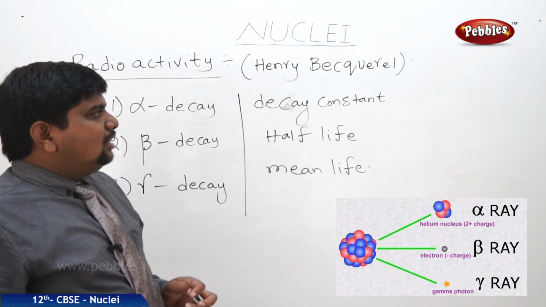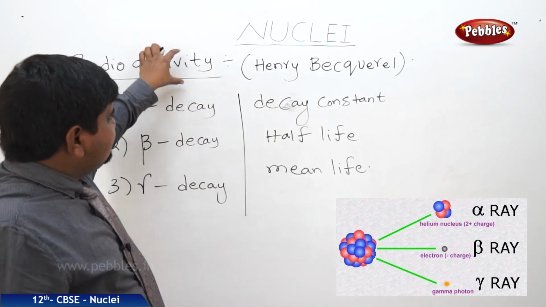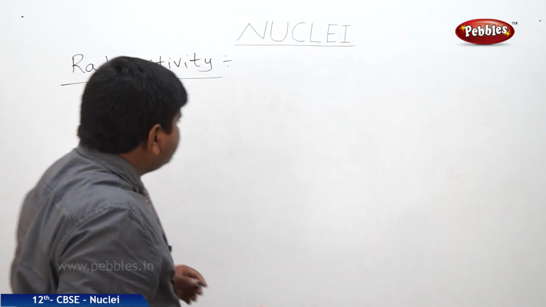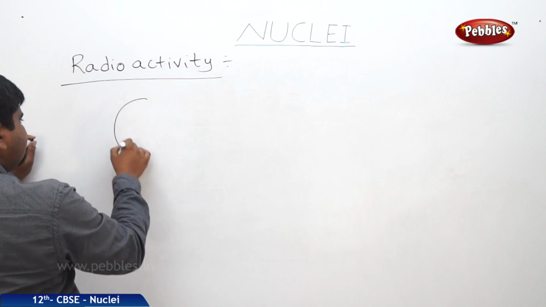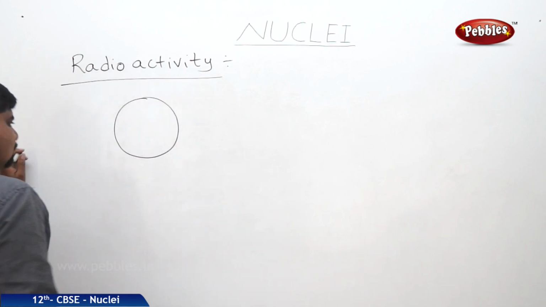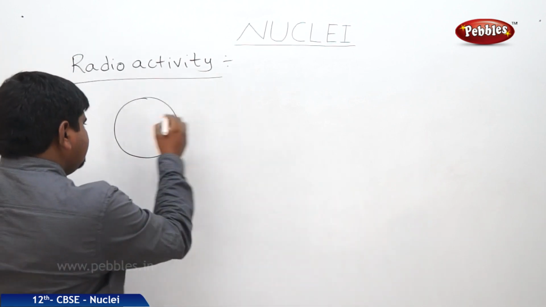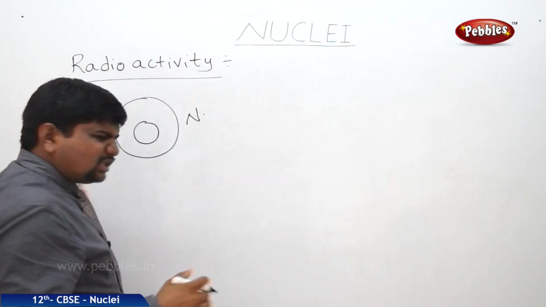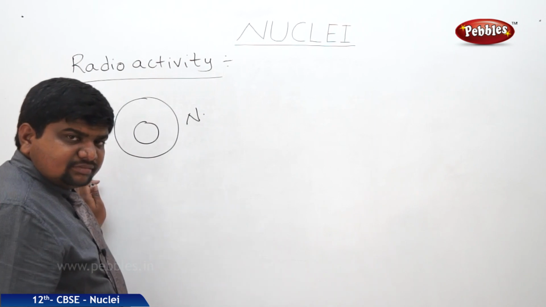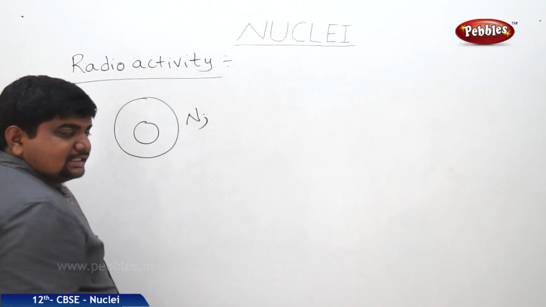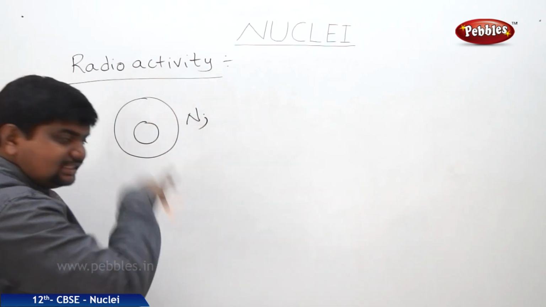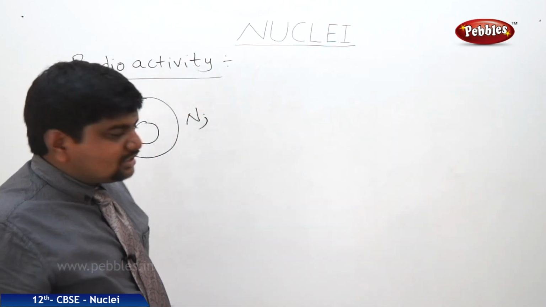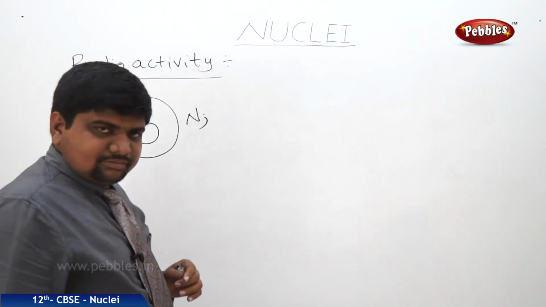Now we will see how equations help us understand the radioactive phenomena of a material. Take a nucleus of an atom. Initially it contains some N number of nuclides. Total number of nuclides is N. Within these N nuclei, disintegrations take place, nothing but decaying.